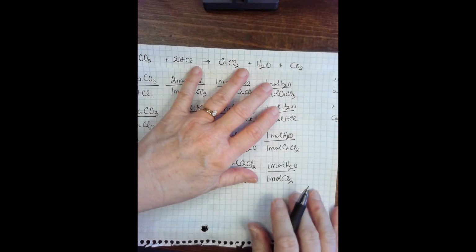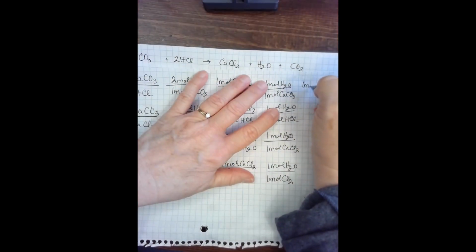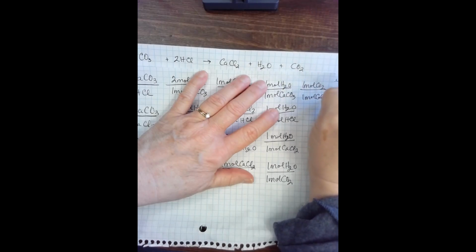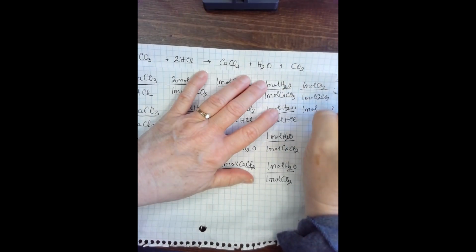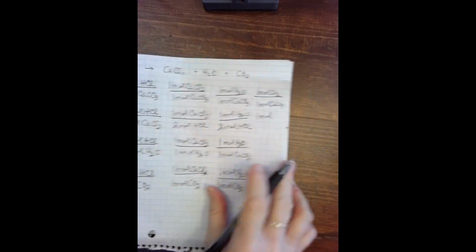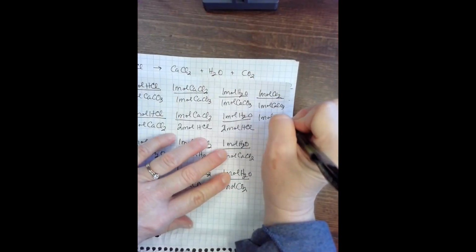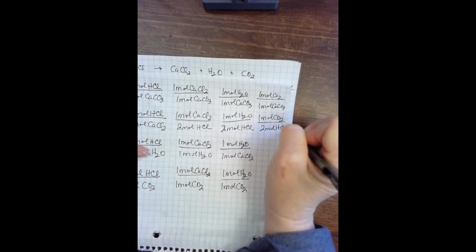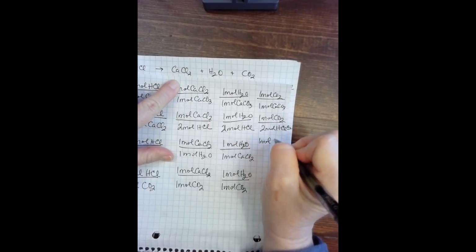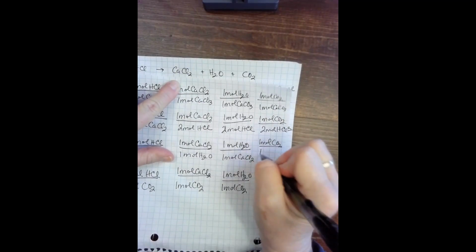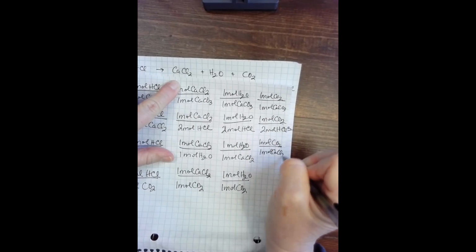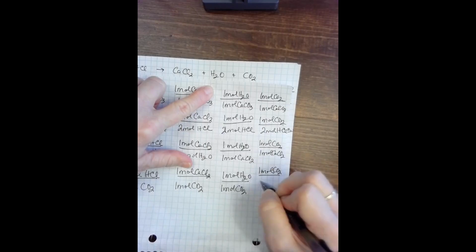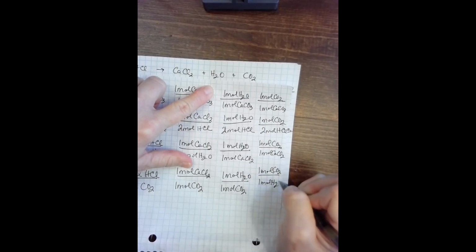Then the last column: 1 mole CO2 over 1 mole CaCO3. 1 mole of CO2 over 2 moles HCl. 1 mole CO2 over 1 mole CaCl2. 1 mole CO2 over 1 mole H2O.